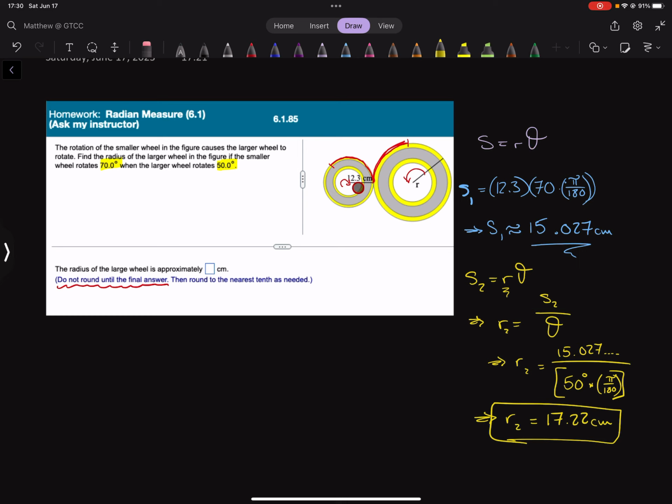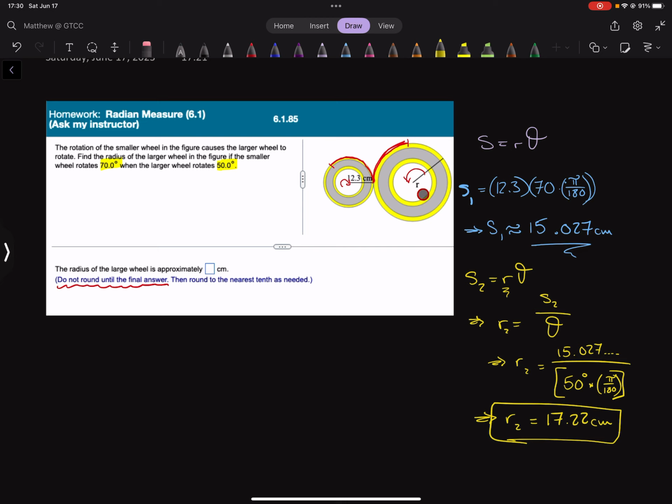So we calculated what that arc length was for the first one, which is going to be the same for the second one. The arc lengths are going to be consistent between the two. So we ended up with 15.027 centimeters in arc length covered.